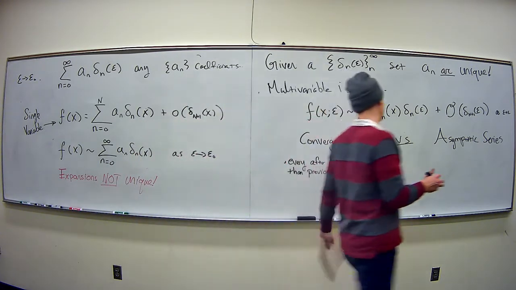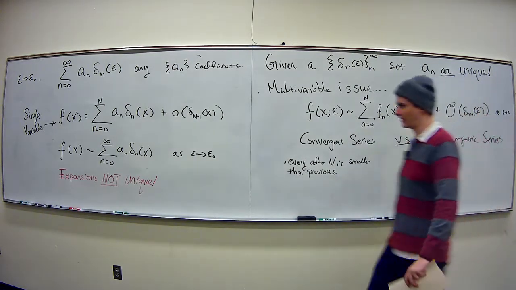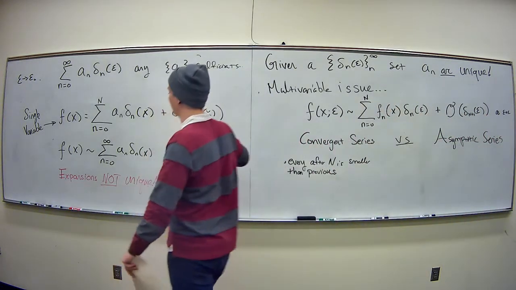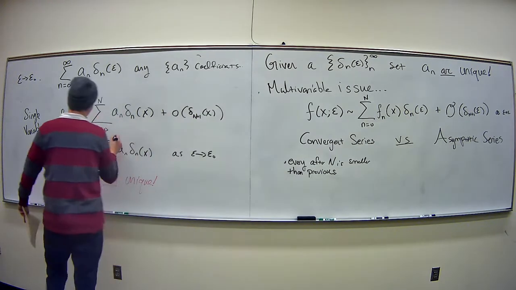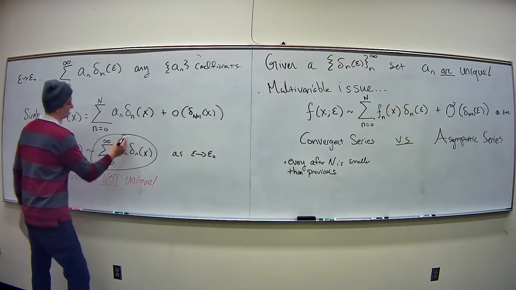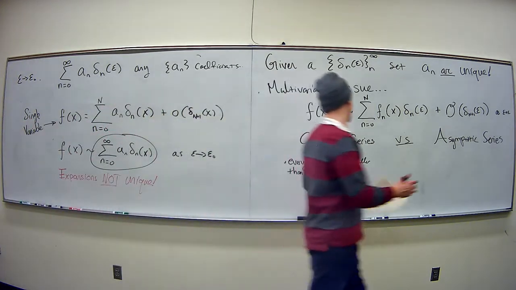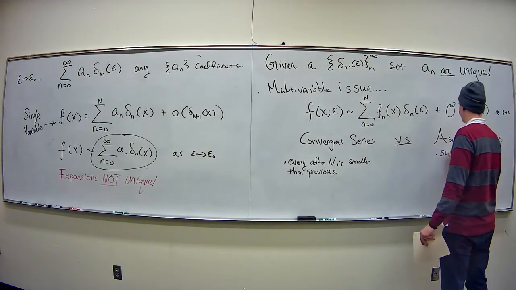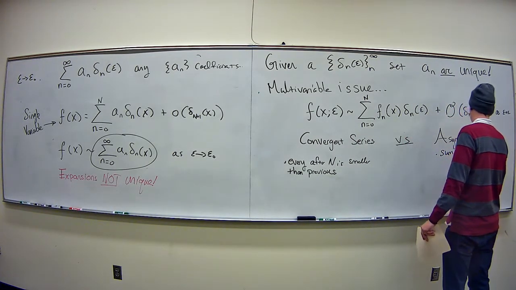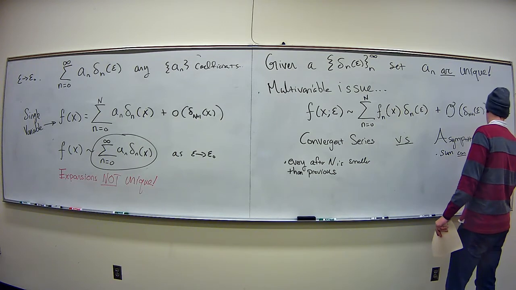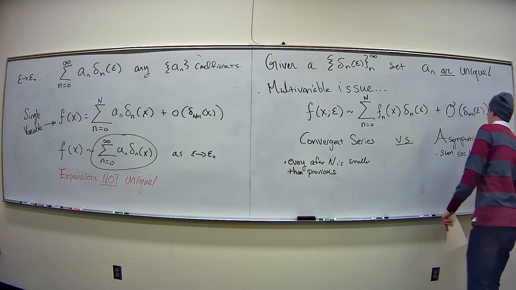Asymptotically, the sum might be divergent. So if you leave off this term right here and just think of it as this, for an asymptotic series you can say that this sum can be a divergent sum.